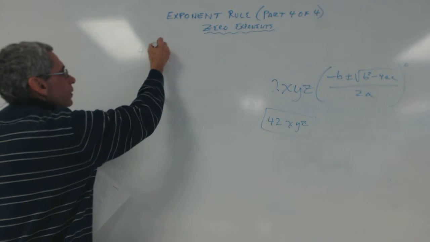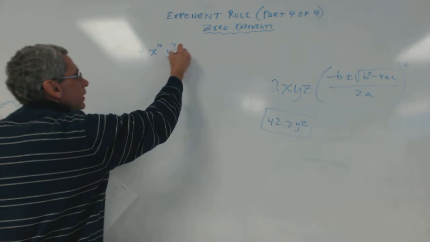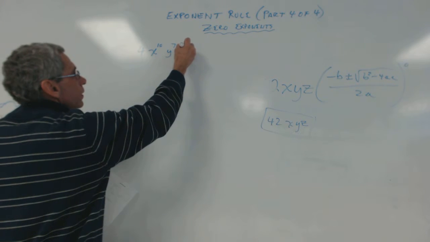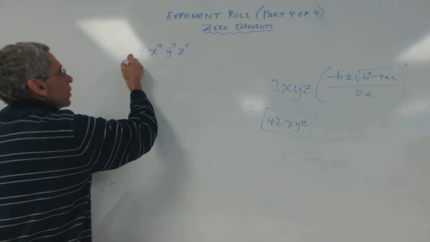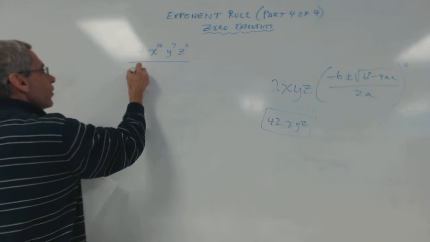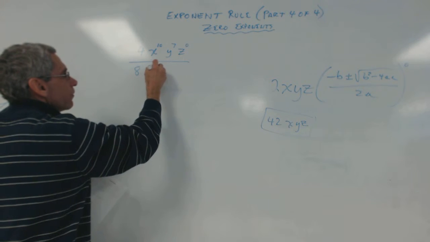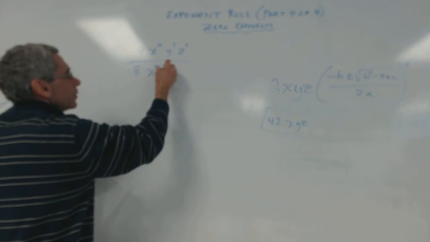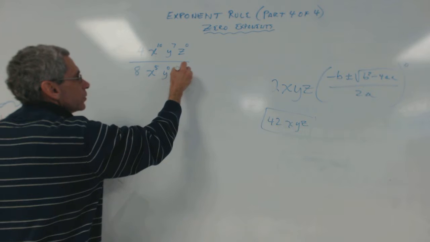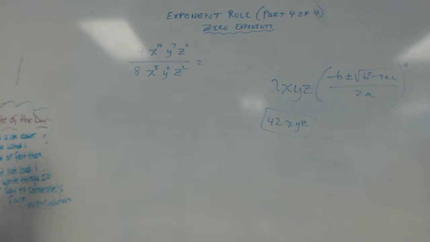4x to the 10th, y to the 7th, z to the 0 over 8x to the 5th, y to the 0, z squared. The answer is what?